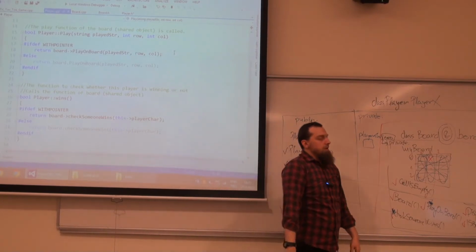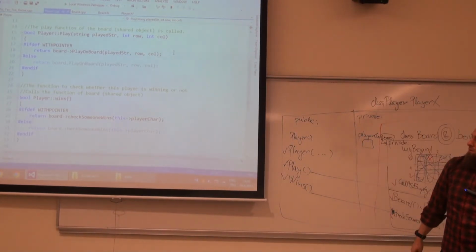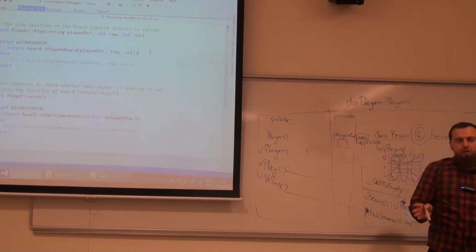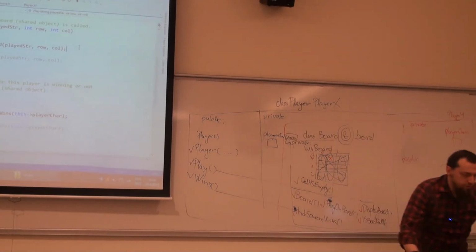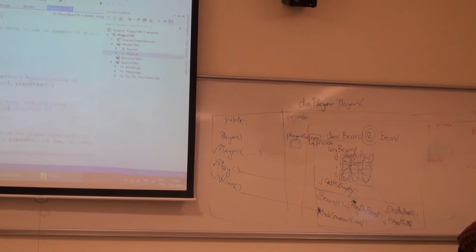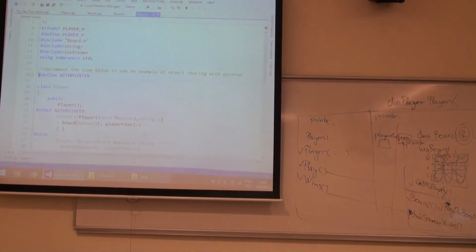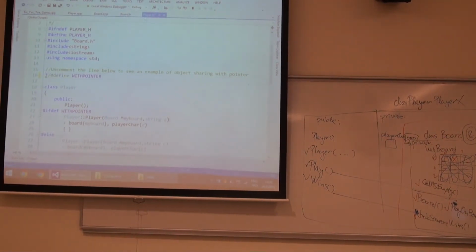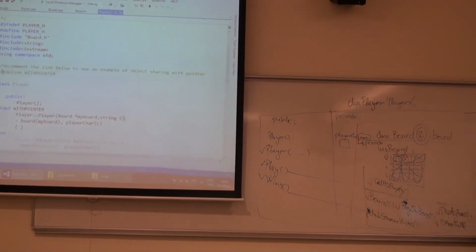Okay, but since pointers are kind of tricky, I urge you not to use them for your homework. The best way to share a variable is using references, as we did here.